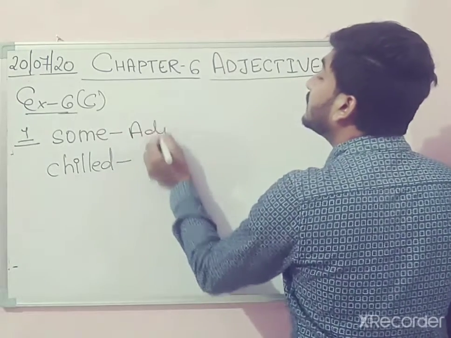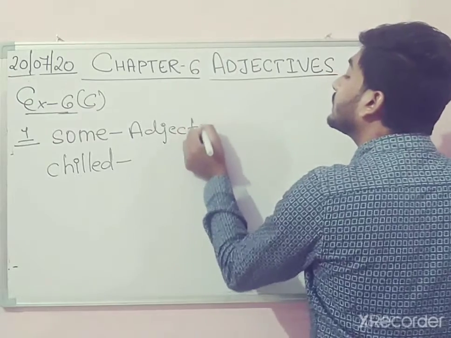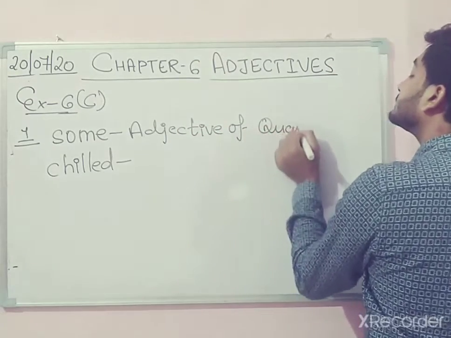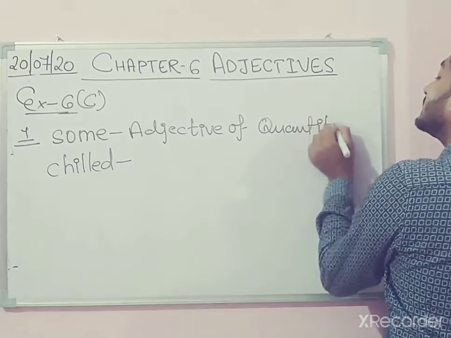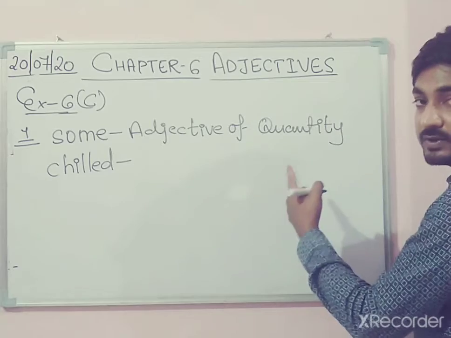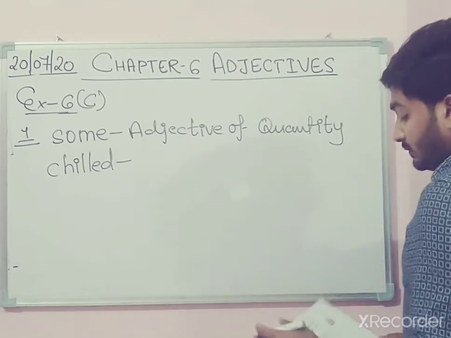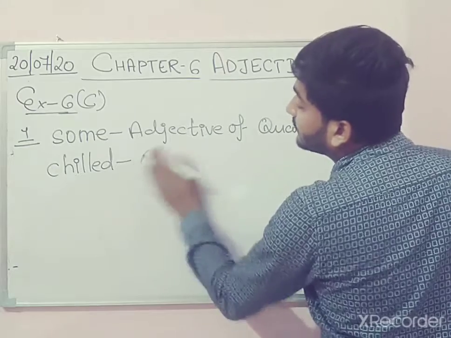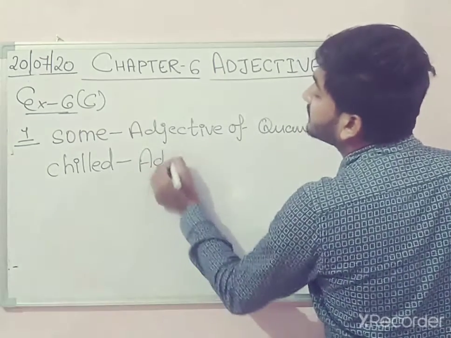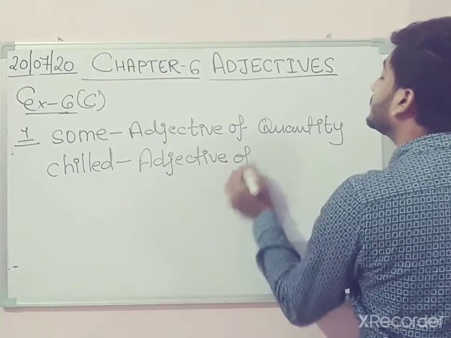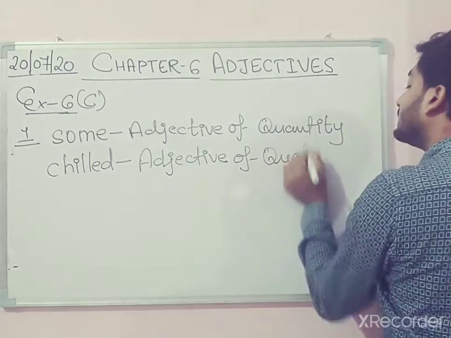You have to write home. Adjective of quantity. If you're not understanding the spelling or not able to see properly, then you can write spellings from your book as well. It is given there. Chilled, that's mean what kind? Adjective of quality. Kaisa juice? Thanda juice. Adjective of quality.